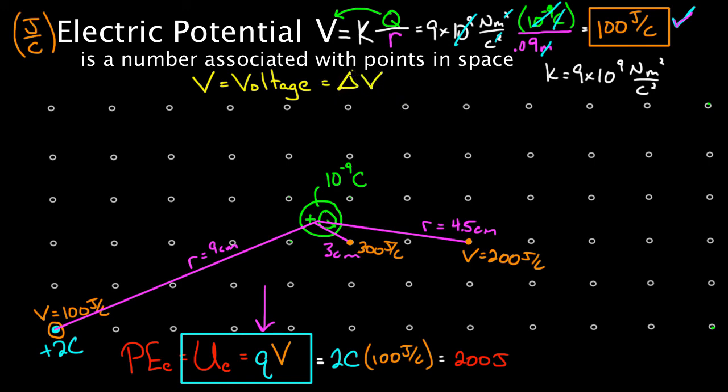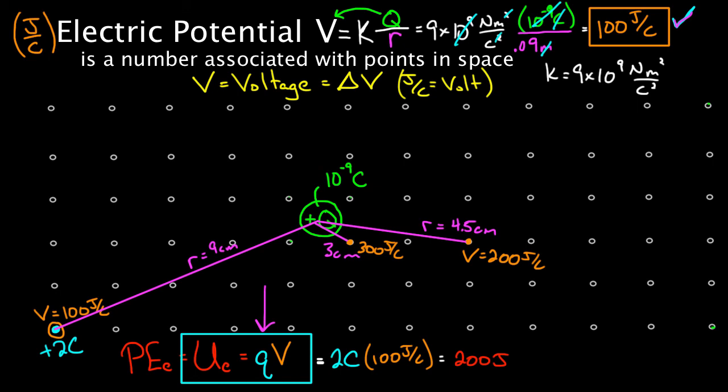This is the difference in electric potential between 2 points in space. So it's got the same units, because a change in electric potential is still going to have units of joule per coulomb. It's just when it's a change, we give this a new title. We call the joule per coulomb unit a volt. So joules per coulomb are volts. But the word voltage specifically refers to a difference in electric potential.